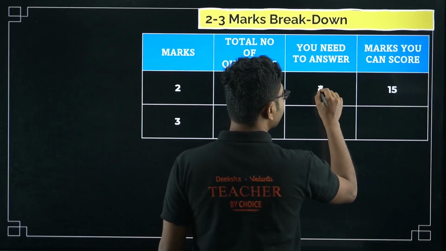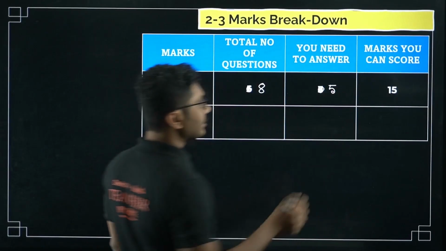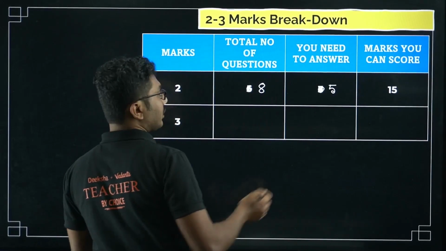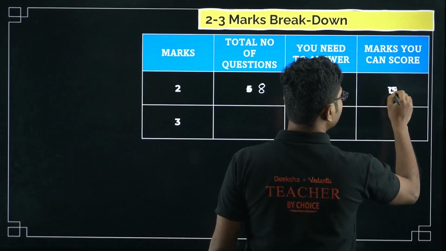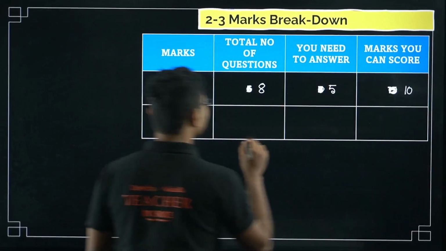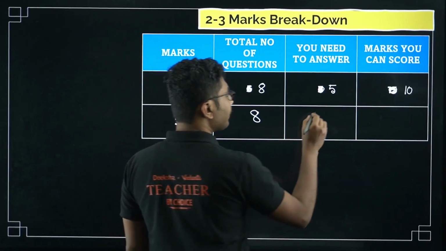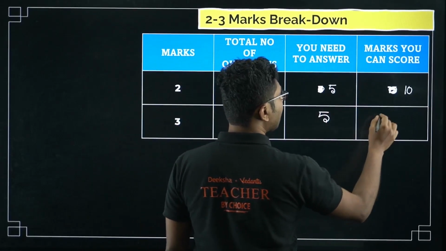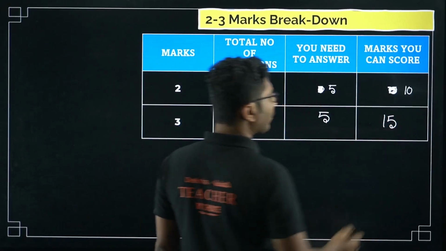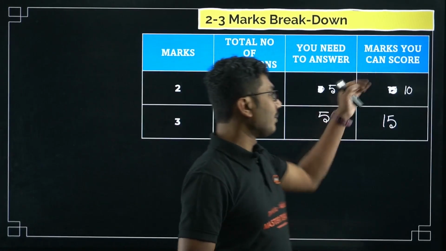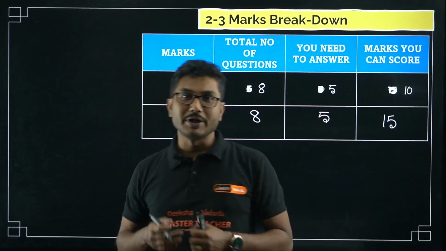Out of the 8 questions, you have to answer 5 questions. So the marks allotted in this section is 10 marks. And in the 3 marker section again 8 questions will be given to you. Out of that, 5 questions you have to answer, and total marks that you can score from this section is 15. So if you watch this video, 10 plus 15, 25 marks will be in your pocket.